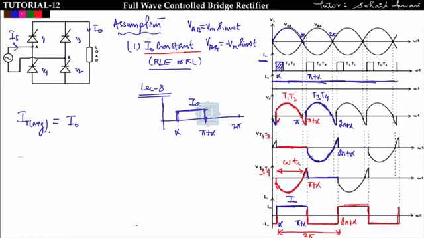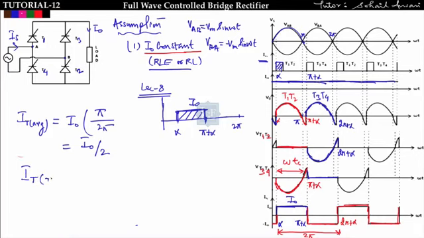So IT average will come out to be the maximum current, that is I naught, into the conduction period. It is conducting from alpha to pi plus alpha, that is pi. The conduction angle is pi, and the time period is 2 pi. So IT average will come out to be I naught upon 2.